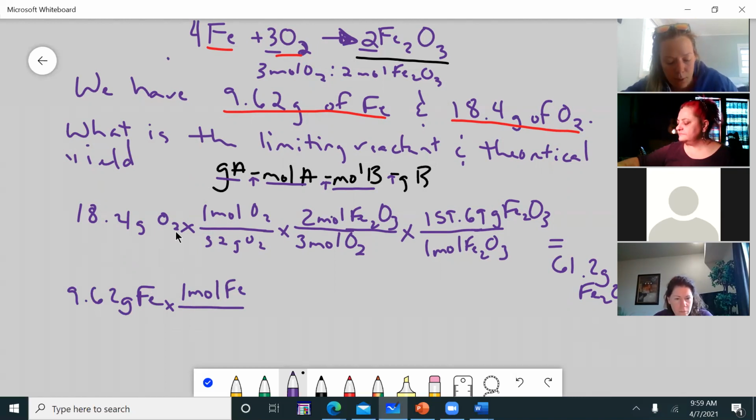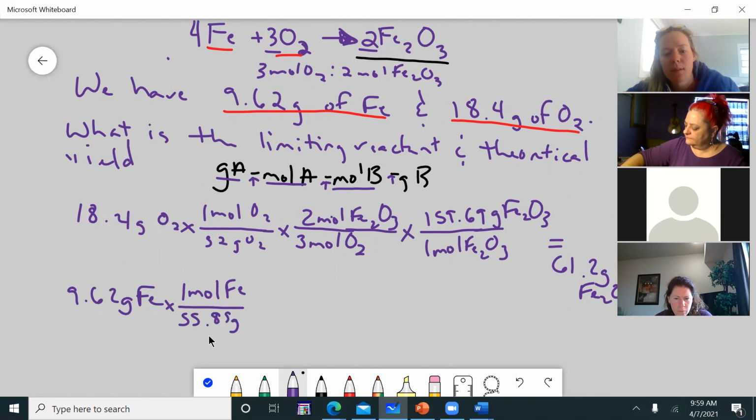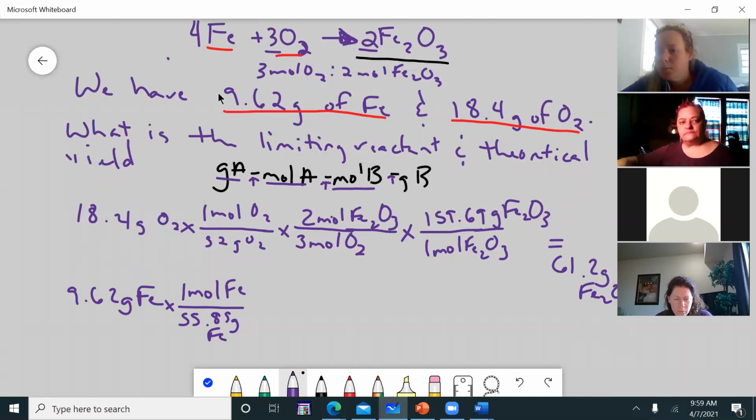I don't even remember. 55.8. Oh, come on. 55.85. Close enough, grams of iron. We don't double it up because iron isn't a diatomic, right? So there's no 2 subscript or anything like that. So we don't have to take that into account.